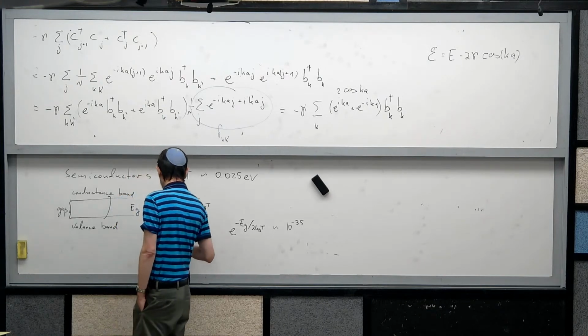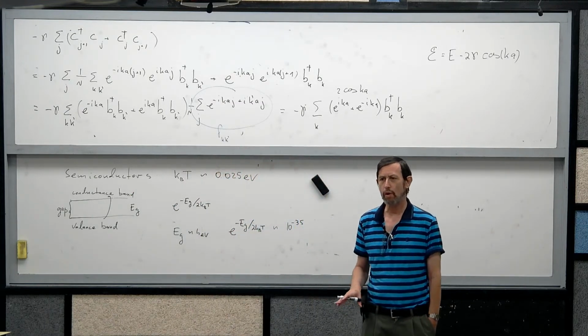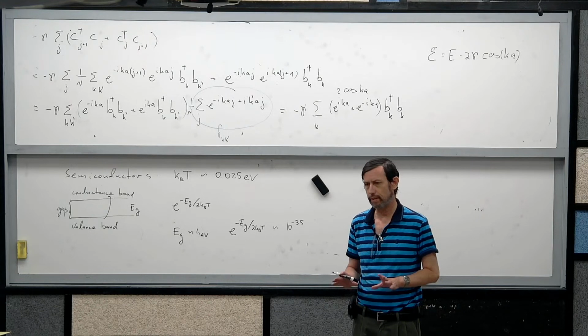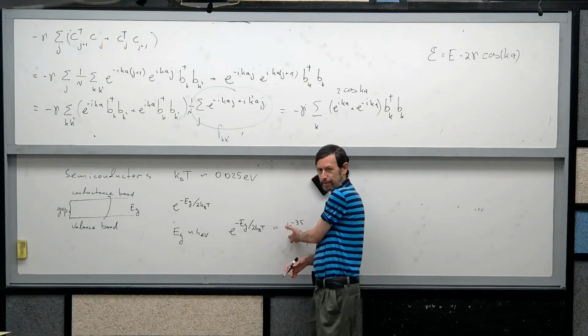Well, diamond is even a bit bigger, around 5. So this, for our practical usage, is basically an insulator.